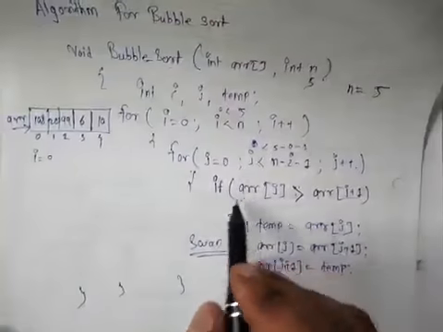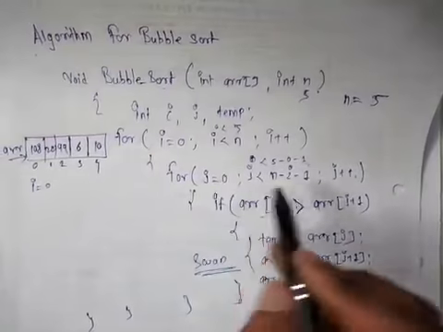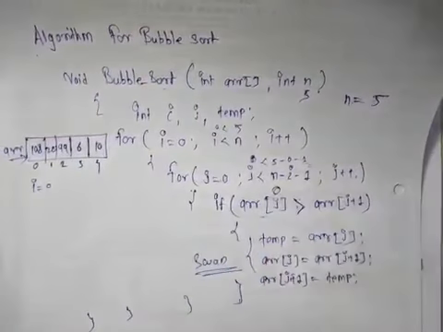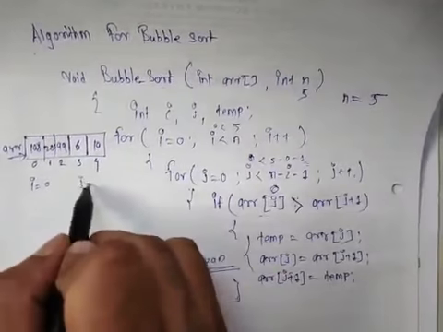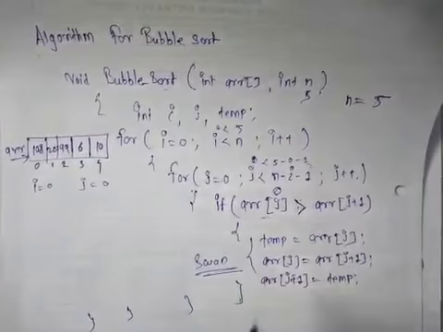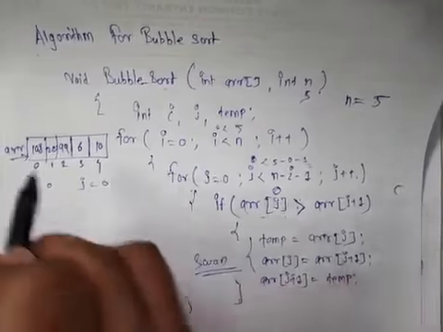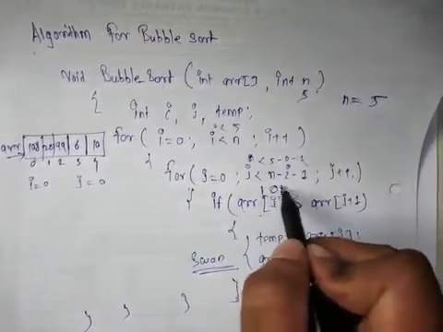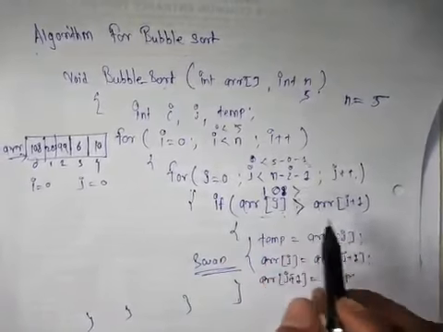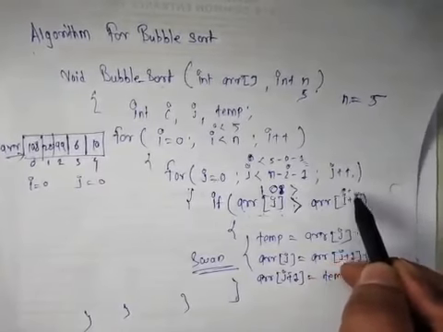Now inside the for loop, what am I going to check? Array of j. What is j's value? Initialized to 0. Now the array of j at the 0th index, what do we have? 108. 108 is greater than array of j plus 1. j's value 0 plus 1, that is 1.